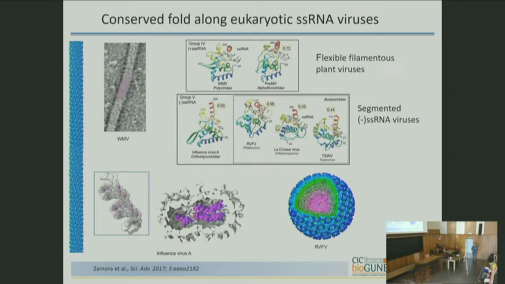But however, when we start using the same fold to look for homologs using the DALI server and this type of algorithms, we found something that was really striking. It was that they had a very similar fold with nucleoproteins of other types of viruses, with segmented RNA with negative polarity, enveloped, and viruses that infect in most of the cases animals instead of plants.